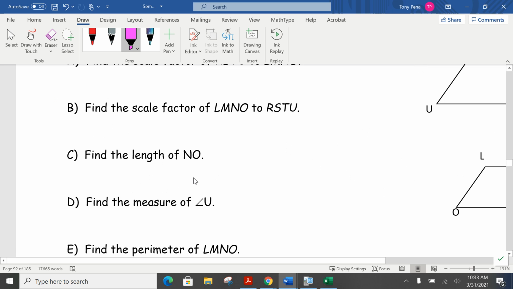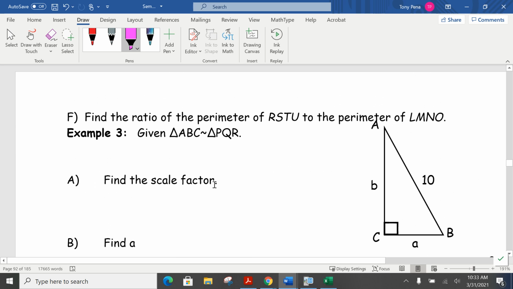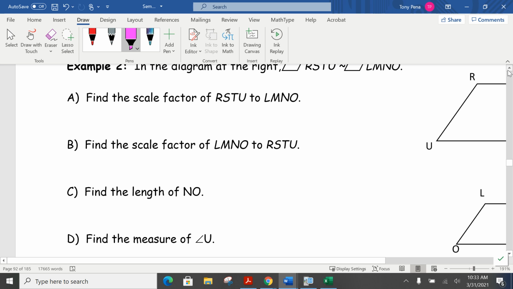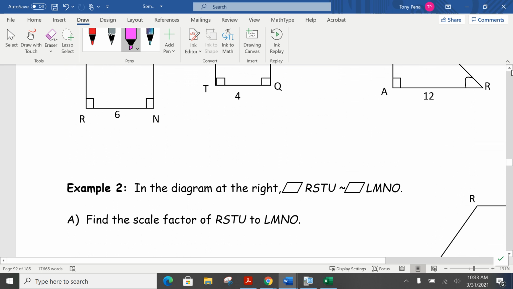Oh my God. All right, hopefully we have it by now. I don't know what this is doing.